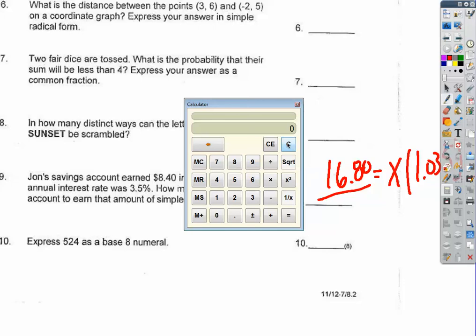Oh, right, because this is the 0, the 1 is what we already have, right? So 16.80. Oh, sorry. 16.8 divided by 0.035. There you go. That's 480, and that is the answer. Now, obviously, you're going to have to multiply it by hand, but that's all you got to do.